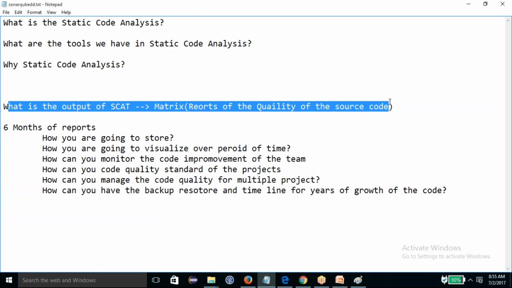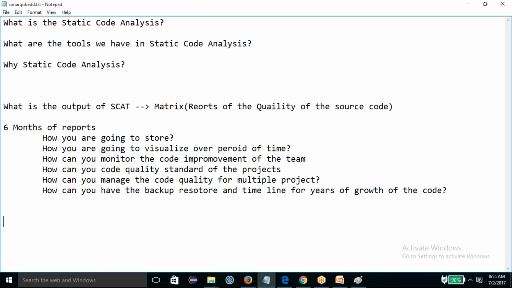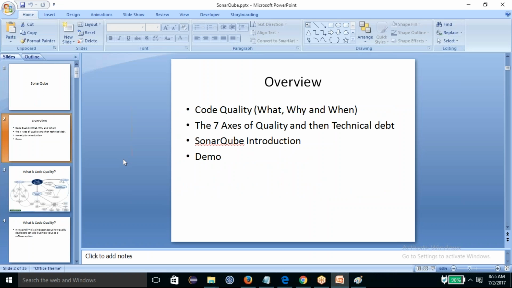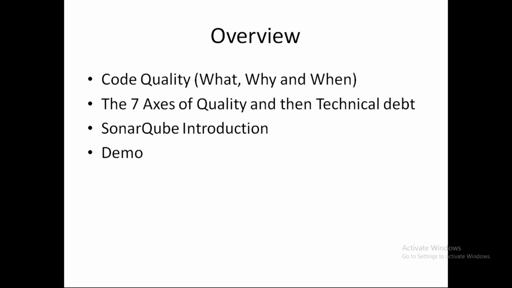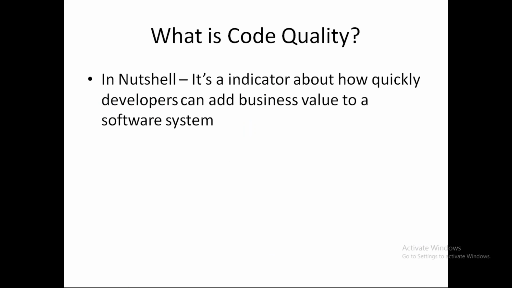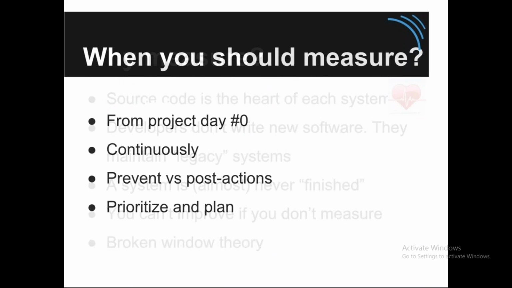So what is the solution to avoid this problem? The solution is SonarQube. When I say SonarQube, SonarQube is not a static code analysis tool. Again, I'm repeating: many people say it's a code analysis tool. No, SonarQube is not a static code analysis tool. It is a kind of quality management tool.